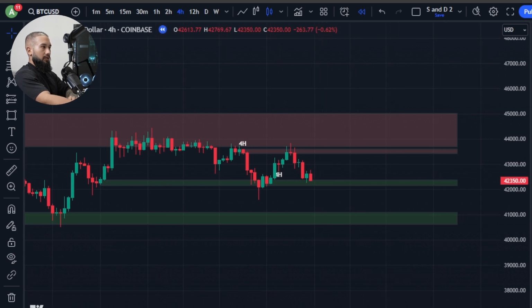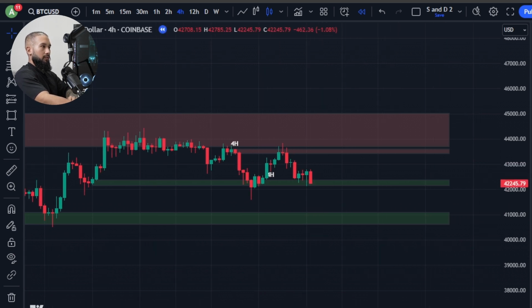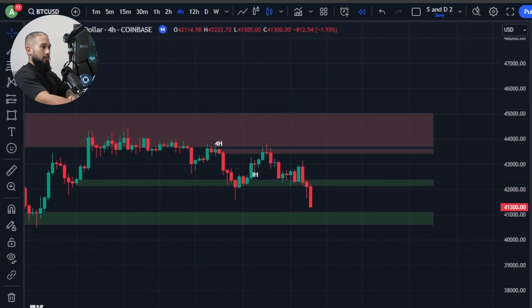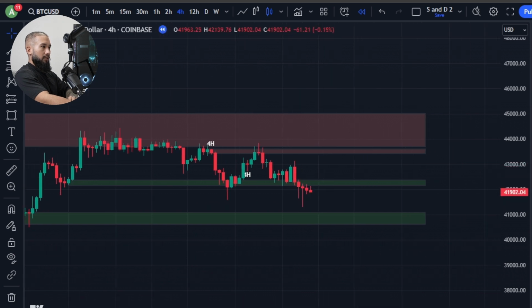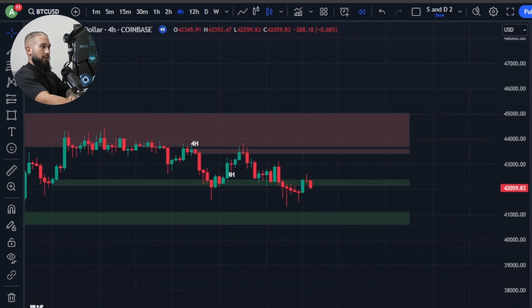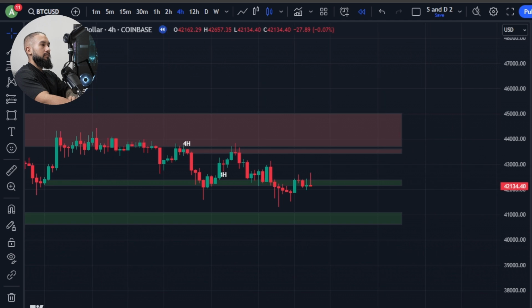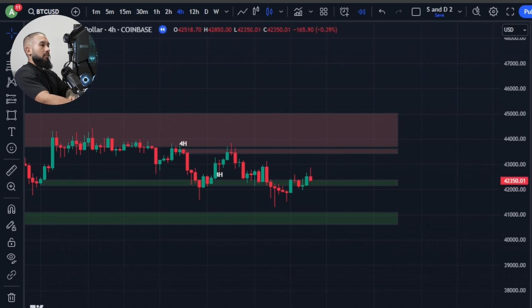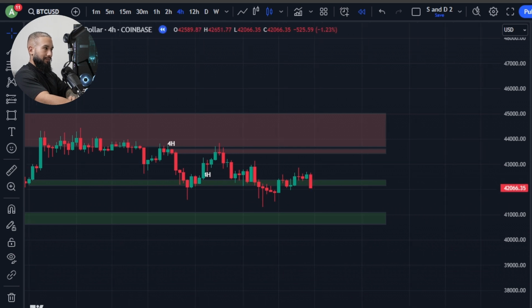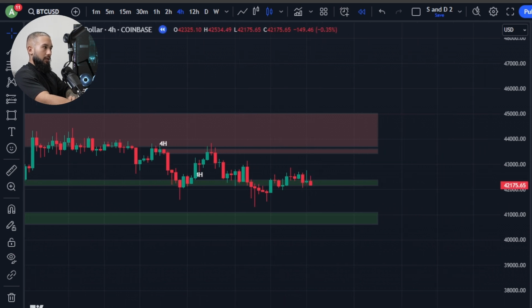All right, so sellers are stepping in a little bit. All right, so sellers have stepped in again. Price is still ranging though. Still ranging.